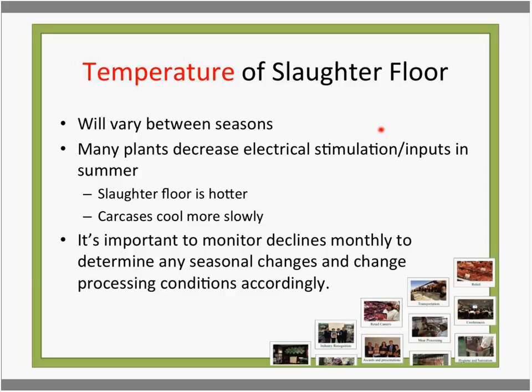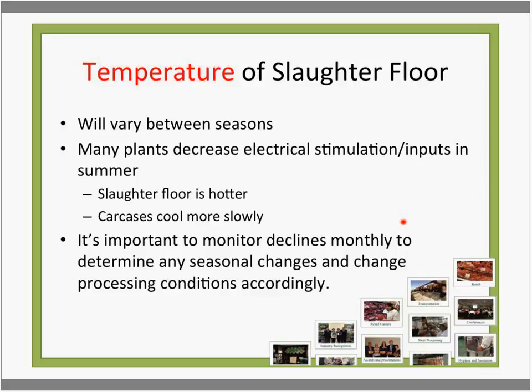The other area, as we keep on talking about, is pH and temperature. Not surprisingly, temperature can affect the pH, and that can happen because of the season. If it's hotter on the floor, you can end up with a quicker decline.